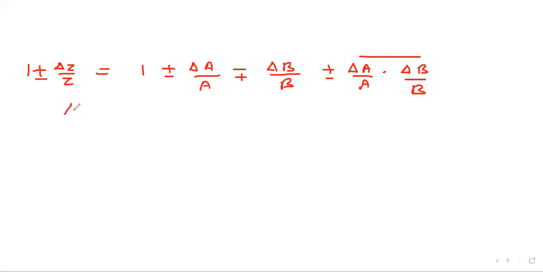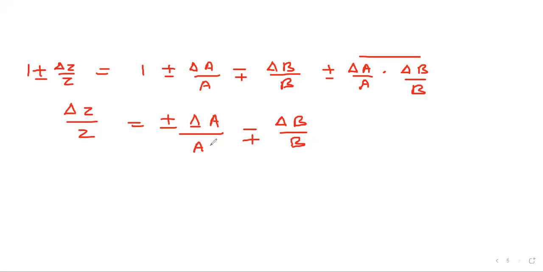So we are left with delta Z upon Z equal to plus minus delta A upon A minus plus delta B upon B. For maximum error, delta A and delta B must have same sign. So we write delta Z upon Z equal to delta A upon A plus delta B upon B.